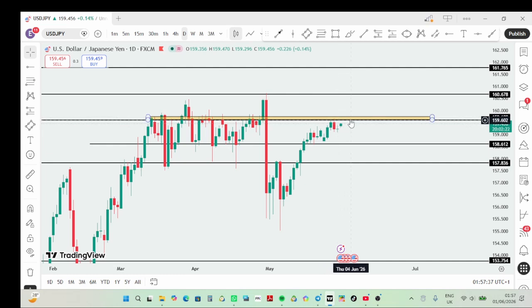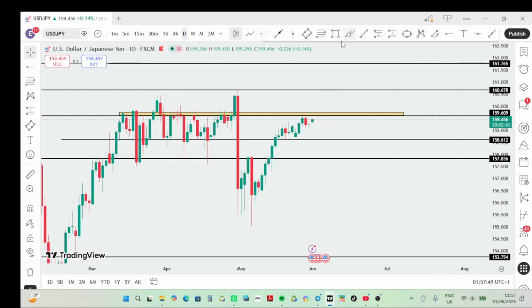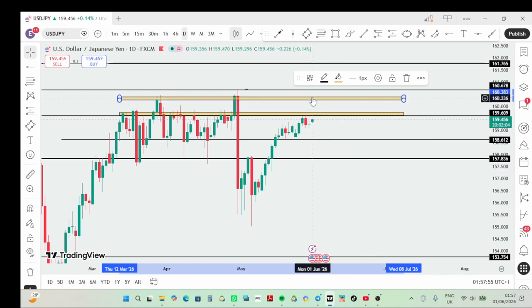So if it wants to sell, it will start selling from here. But if it shoots up from here, then it will buy from here. But I'm actually expecting the market to come to this level or to this level before I start buying.